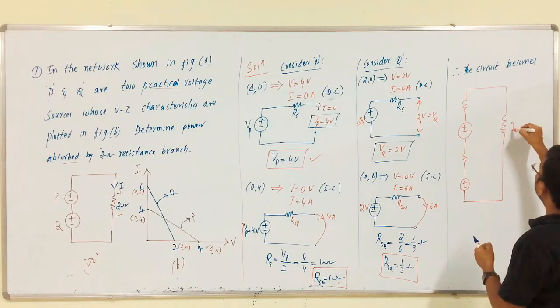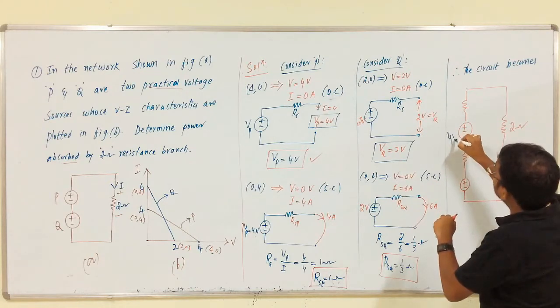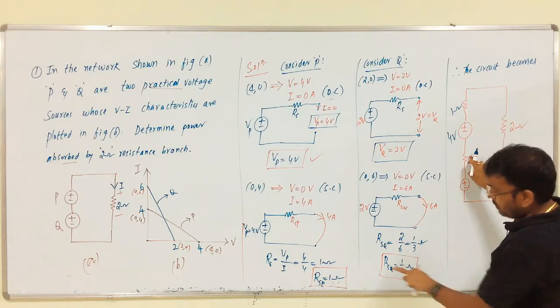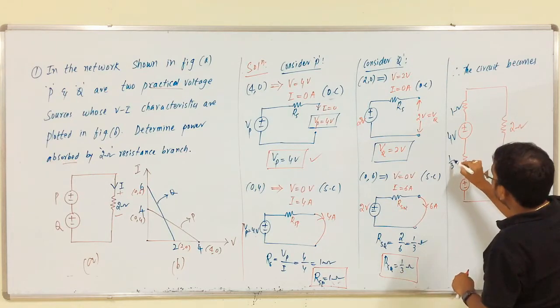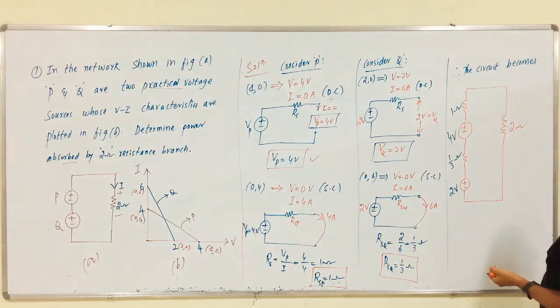What is the value of the resistance? 2 ohm. This is VP, that is 4 volts. What is the value of internal resistance? 1 ohm. This is 1 by 3. What is this VQ? 2 volts. Okay.